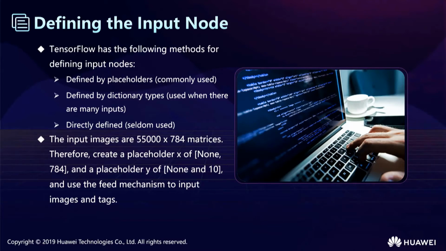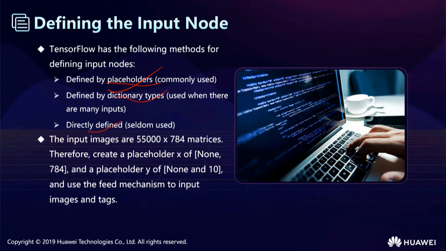Okay, after introducing the dataset, we should know how to define the input nodes. We can define them by placeholders or directly define them. Directly defining is seldom used, and the first method, the placeholder, we use frequently.